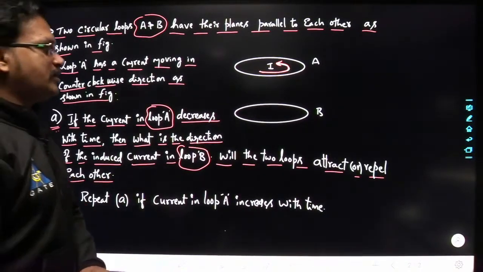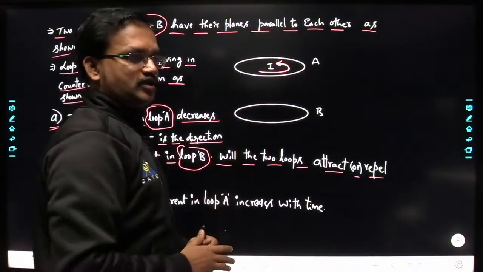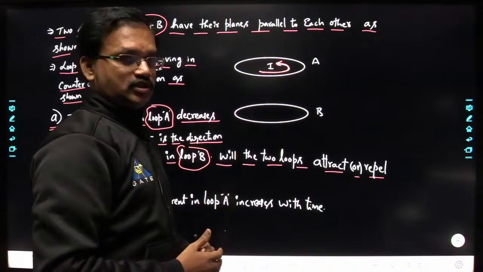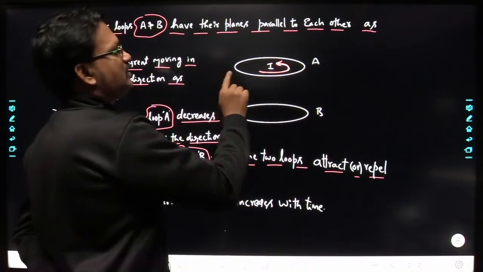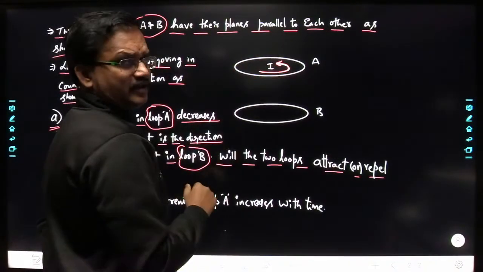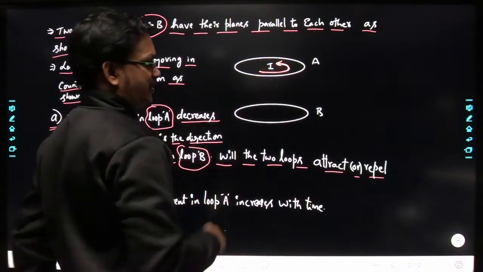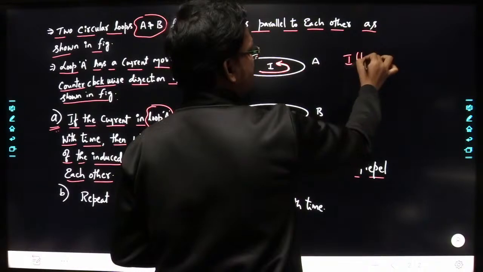See, what they have given here is two loops whose planes are parallel to each other. Now they have given that in loop A, the current is moving in anti-clockwise direction, and this current is varying with respect to time.